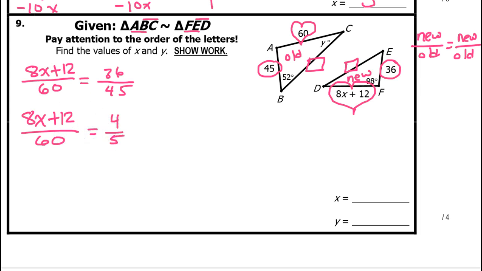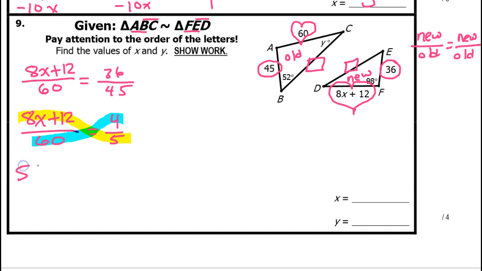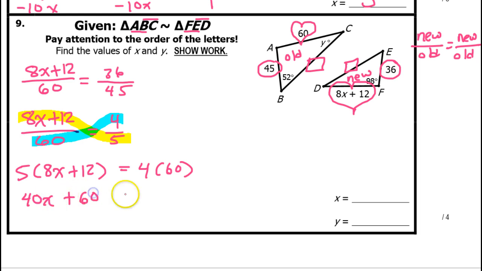And then we cross multiply. Okay, so that means we will have 5 times 8x plus 12 is equal to 4 times 60. So this is going to be 40x plus 60 is equal to 240.